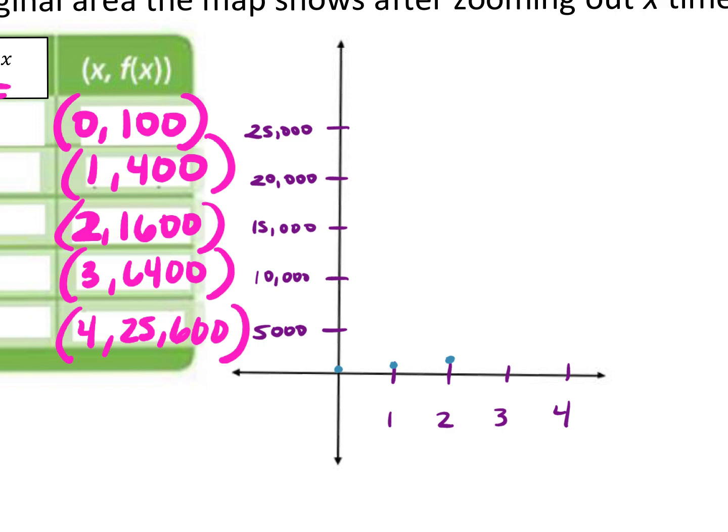Now we're finally above that 5,000 mark. And then 4, 25,600 shoots way up here. So exponential, that's really not straight, sorry. Exponential growth.